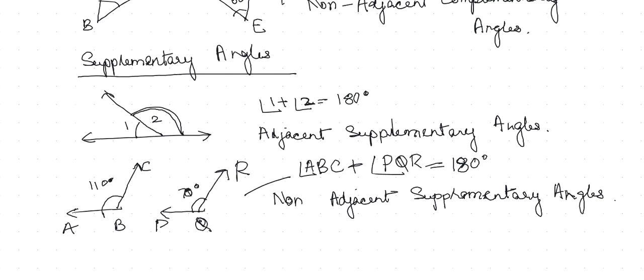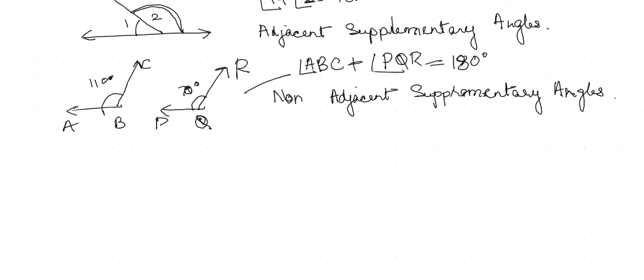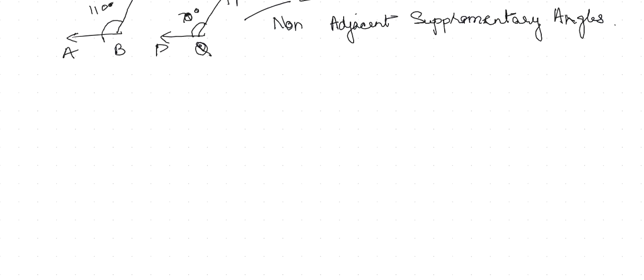Now, what are linear pairs? The linear pairs are ones like this.